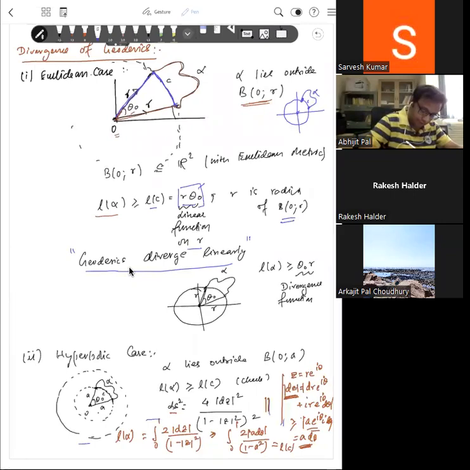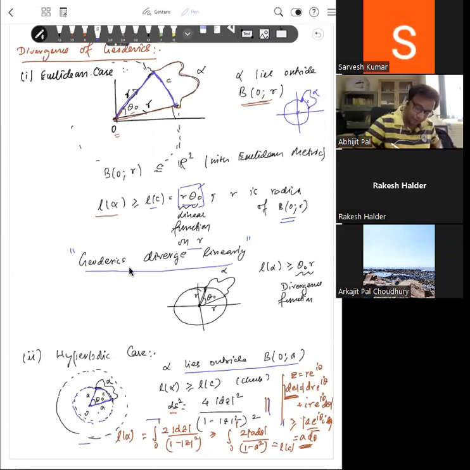I have chosen these two geodesics of length A. These are my hyperbolic lengths. And I have drawn a circle of radius A around the origin, this one. And alpha is a path again lying outside this ball around the origin of radius A. Again, I have denoted the circumference as C. So we have the same kind of picture here.